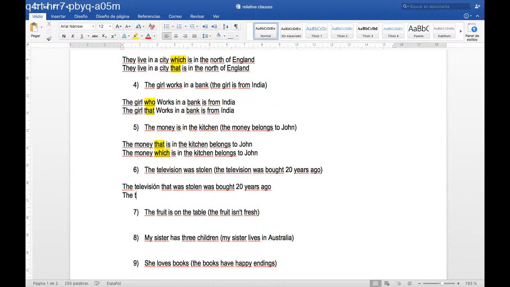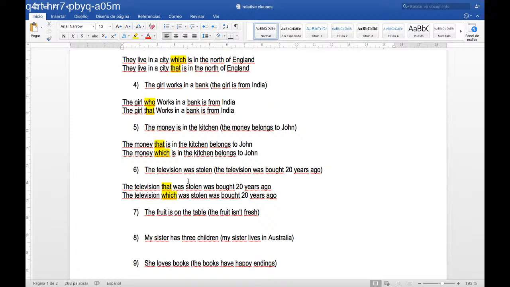Or maybe the television which was stolen was bought 20 years ago. Over here it's television, it's not with an accent. And over here we can identify the relative pronoun that helps me to join the sentence, right?